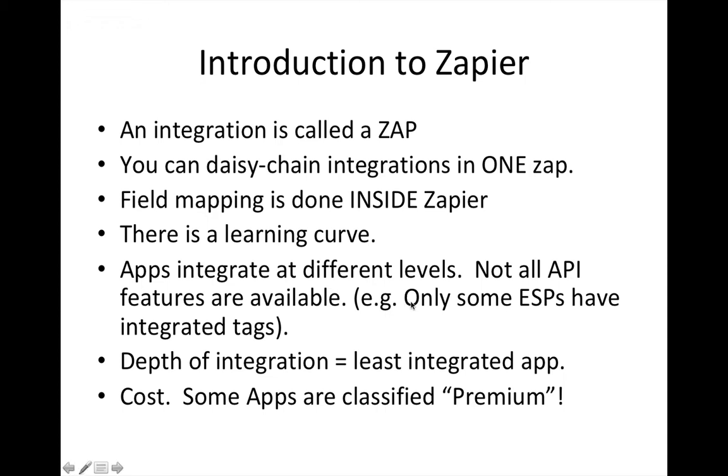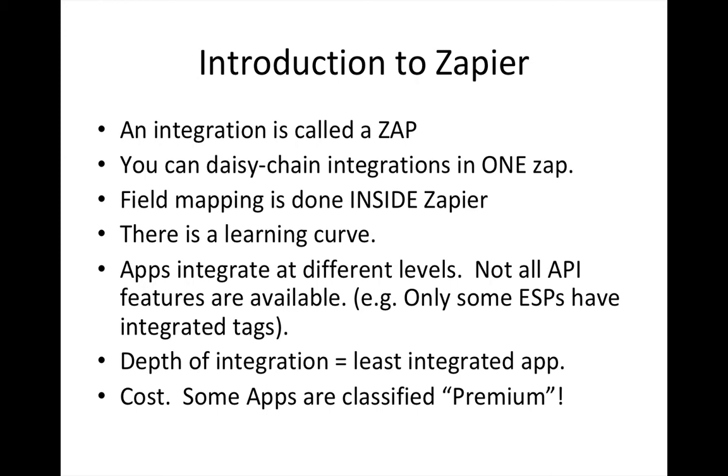A good example is, though some ESPs, email service providers, may have tags as a feature inside the apps, and they may have that available in the API, but they haven't integrated that inside Zapier. So you won't be able to use tags, for example, if you have an app that has not integrated that inside Zapier. The depth of integration is basically relying upon the least integrated app.